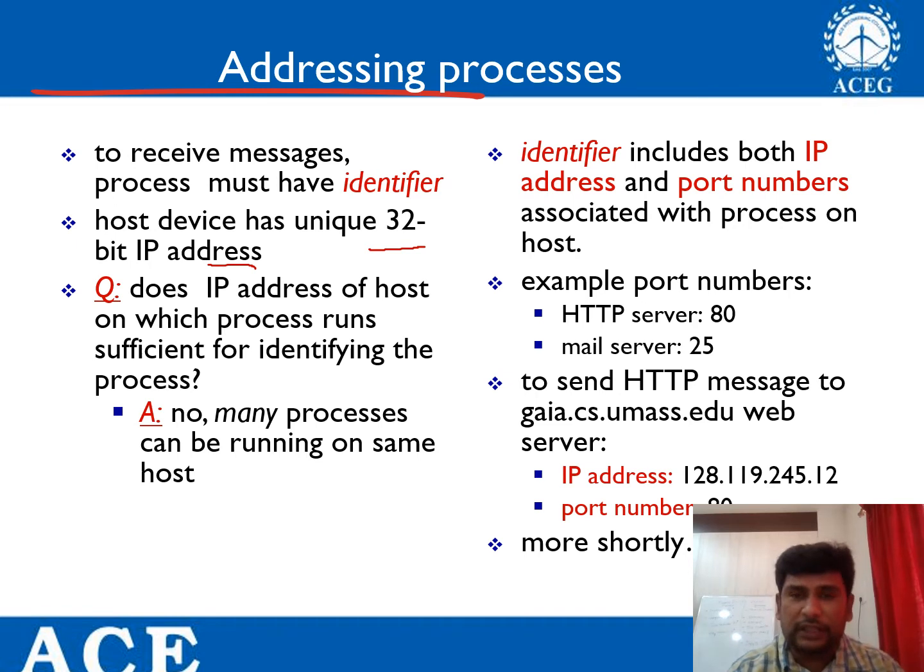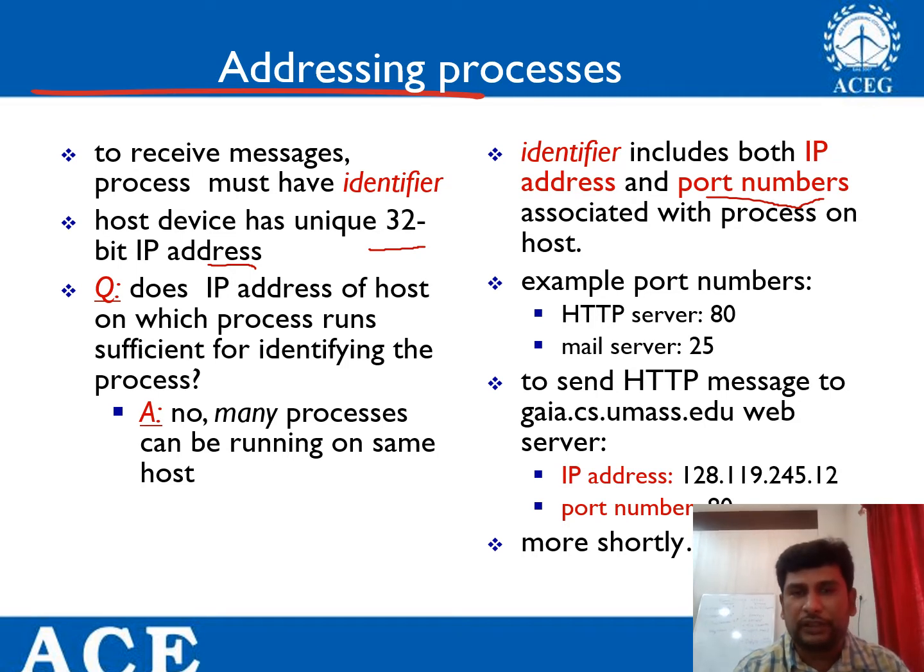But within the device we may be using multiple processes, and each process is different from the others. To identify different processes within the system, we allocate a particular port number to each process.